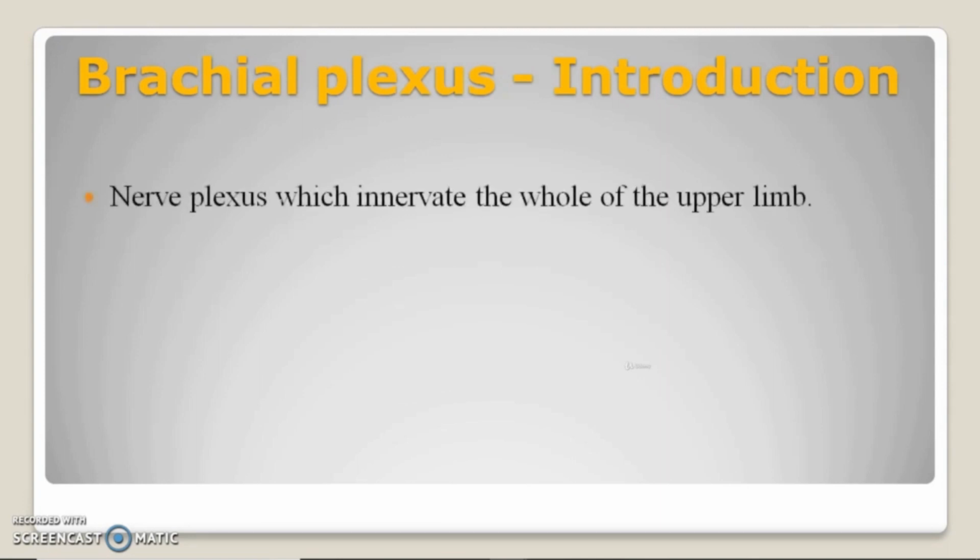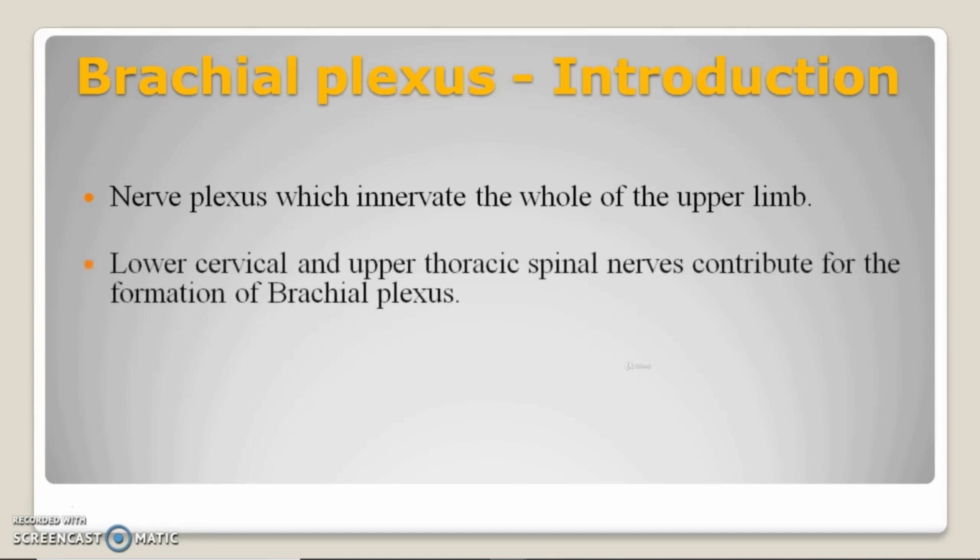The plexus which supplies the whole of the upper limb we call the brachial plexus. As I indicated before, brachium means the arm region. It is formed by the lower 4 cervical spinal nerves along with the first thoracic nerve.